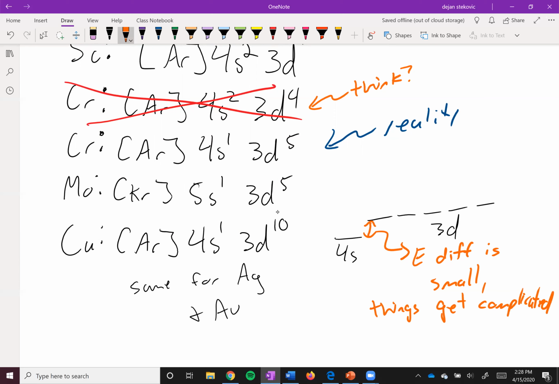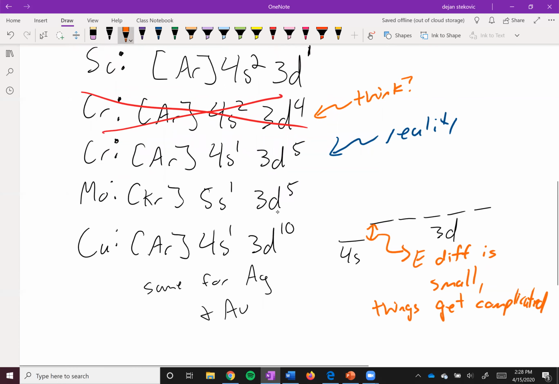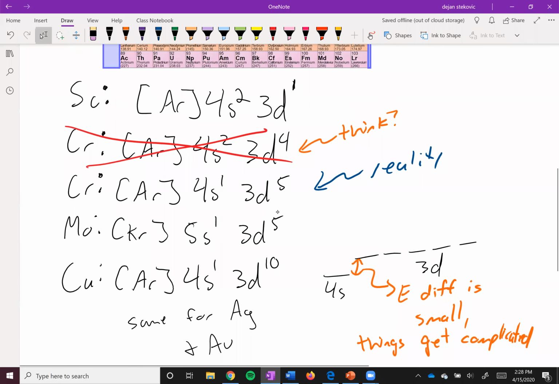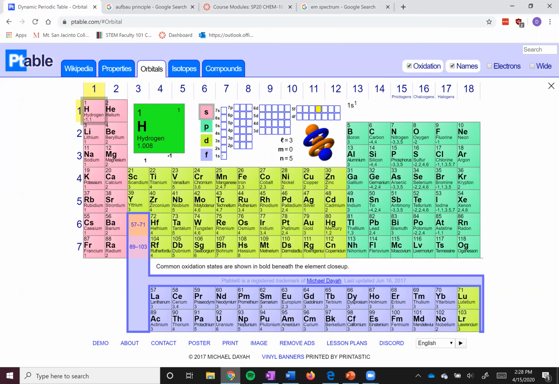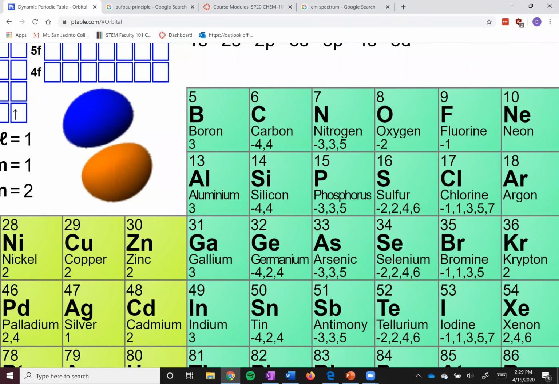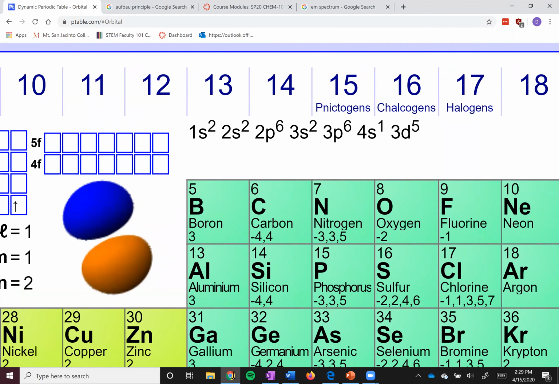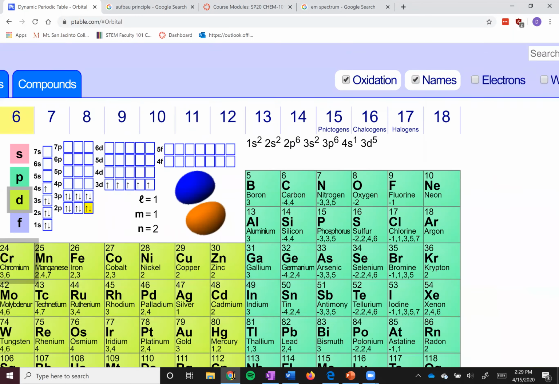You might hear somewhere that half-filled orbitals are energetically favorable. That's a statement some instructors will use. I'm not a big fan of it, but if you like it, you can use it. That's fine. What I recommend is just remembering these kinds of exceptions. And so if you go to your ptable.com, right, if you go to chromium, if you don't believe me, you can see right over here, we're on chromium, 4s1, 3d5, just like I told you, right?